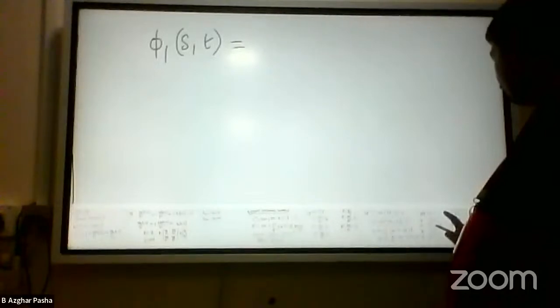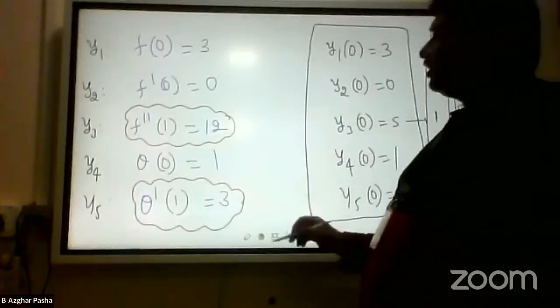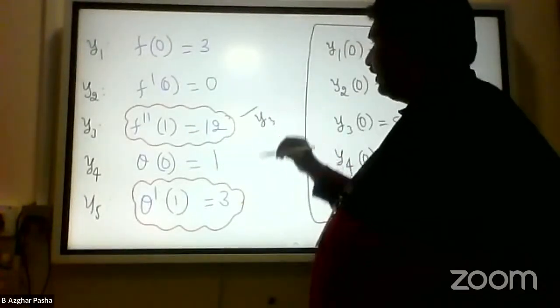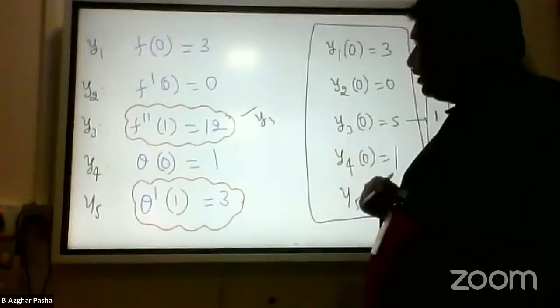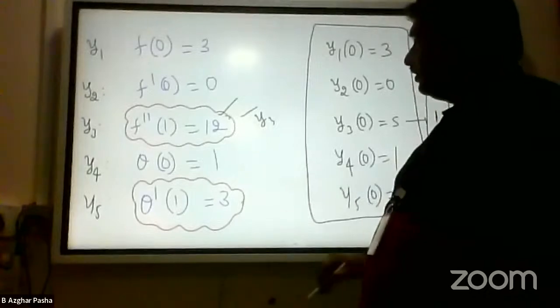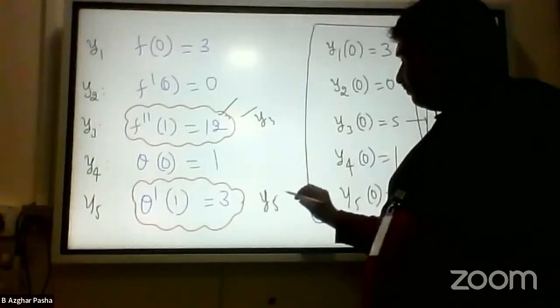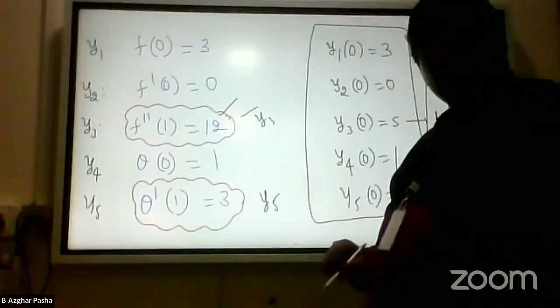I want the condition associated with y3. The initial value problem solution for y3 at 1 should match with this number. Similarly, the y5 value at 1 should match with this number.